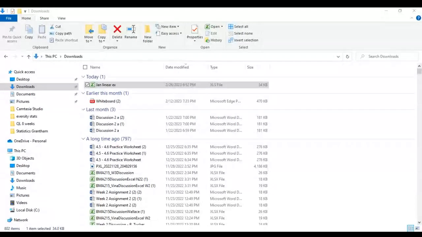Let's see. Where is it? Oh, right here. Can you see that? We're only seeing your documents. I'm not used to this thing.